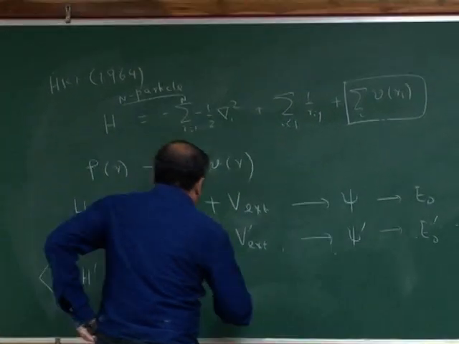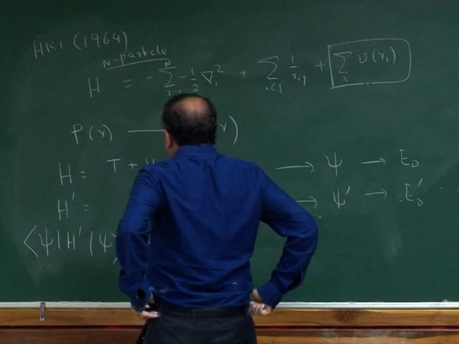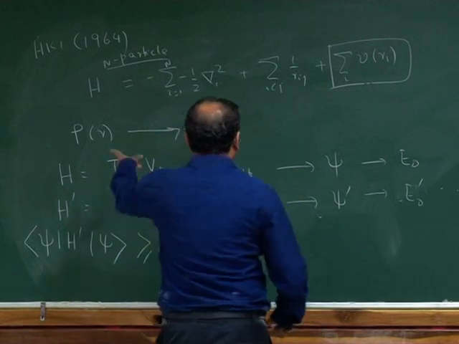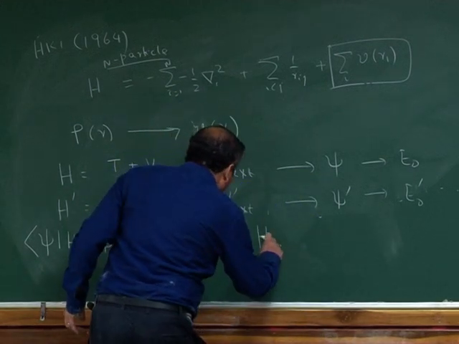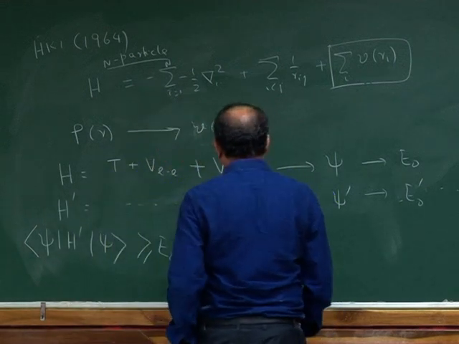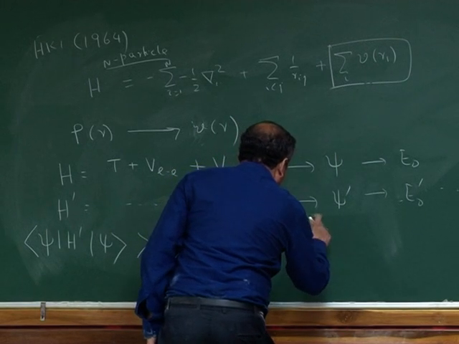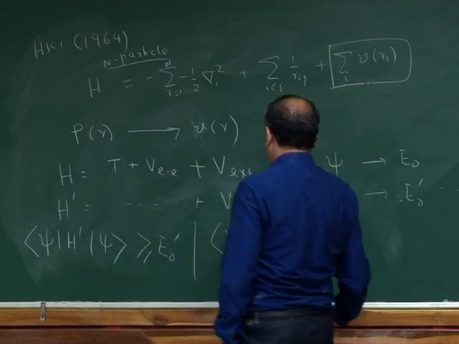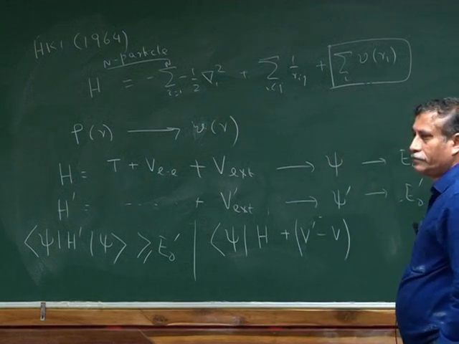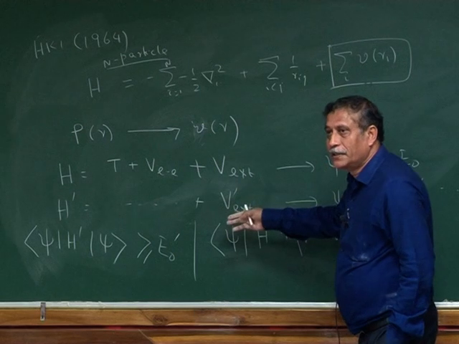So I can write an expression that psi, now I write what is H prime in terms of H. If I write in terms of H, then you can see that H prime is nothing but H plus V prime minus V. Remember, these external potentials are different, V and V prime.